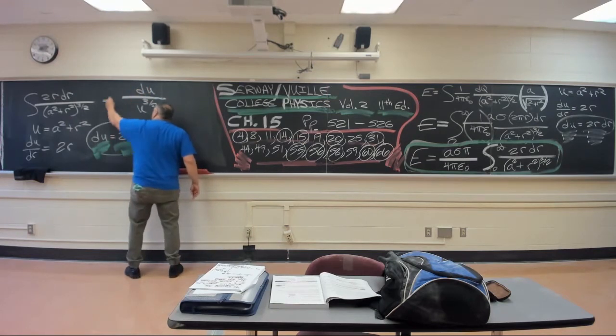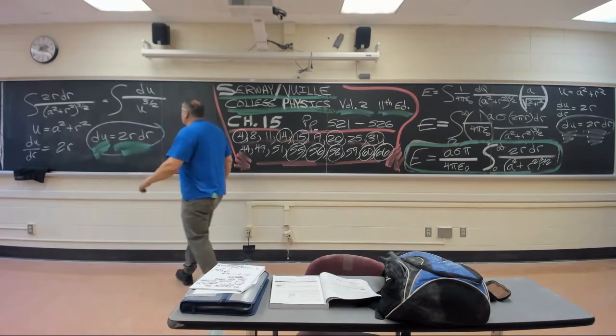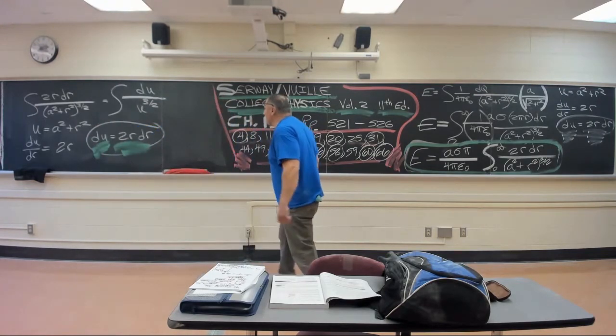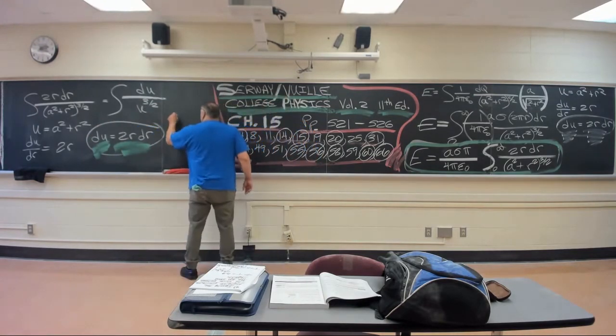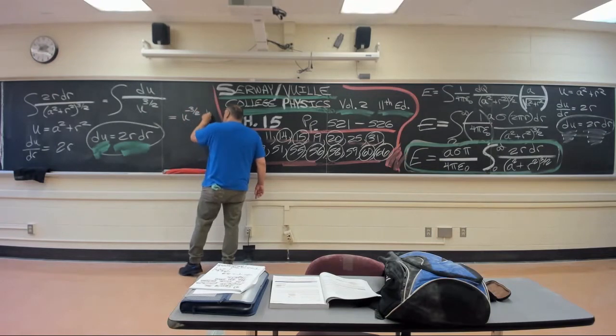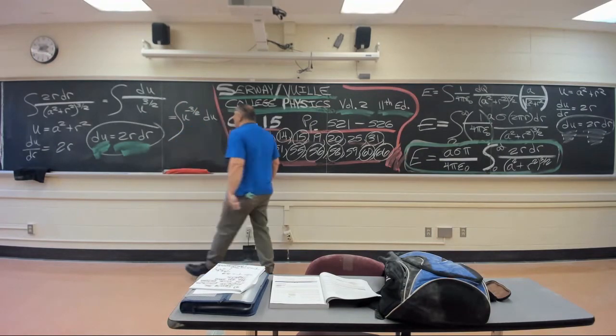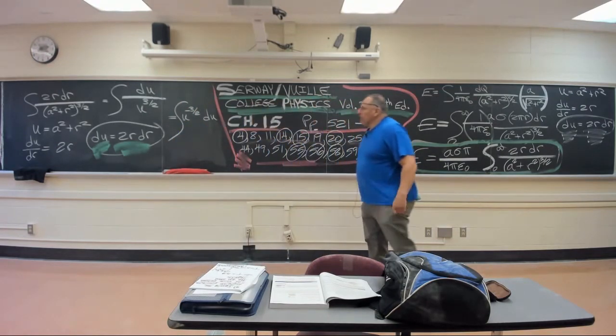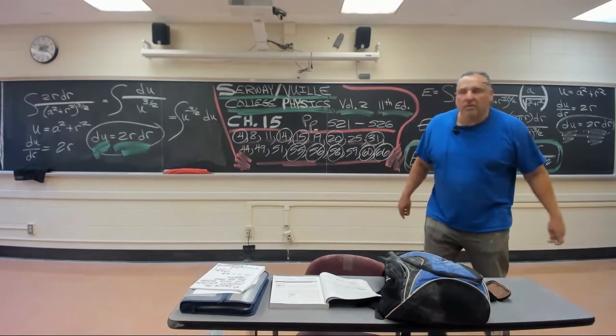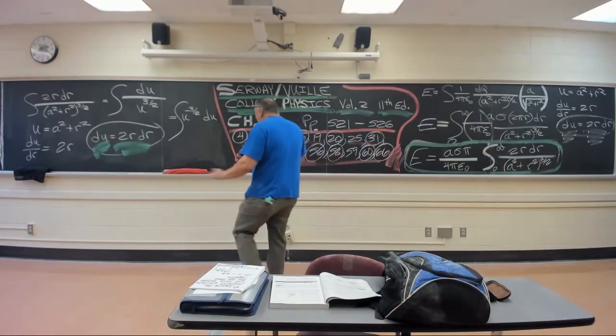That's this. Let's not worry about the limits of integration right now, guys. Let's not get hung up on that. Yeah, that's true. Okay, we're not worried about the limits.